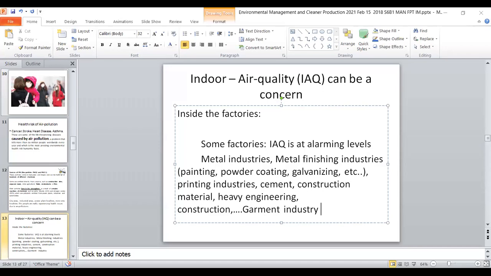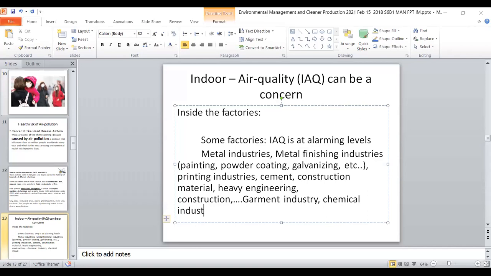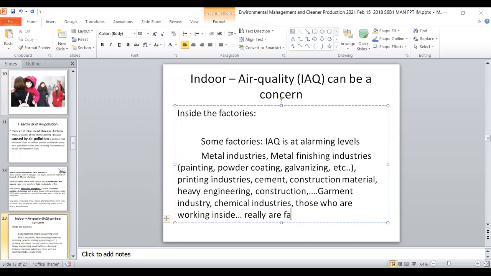Yes. Not to say there can be a lot of chemical industries. Those who are working inside really are facing health risks.